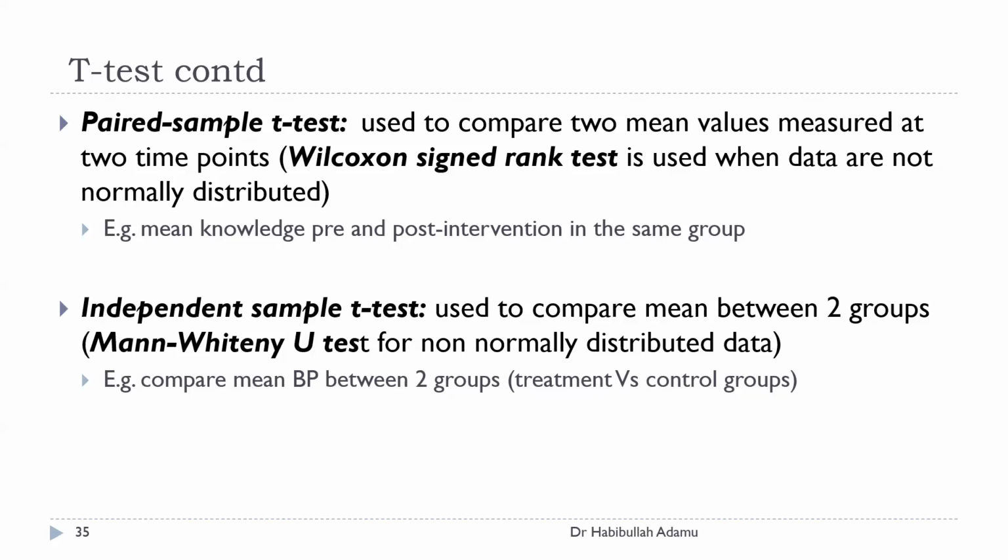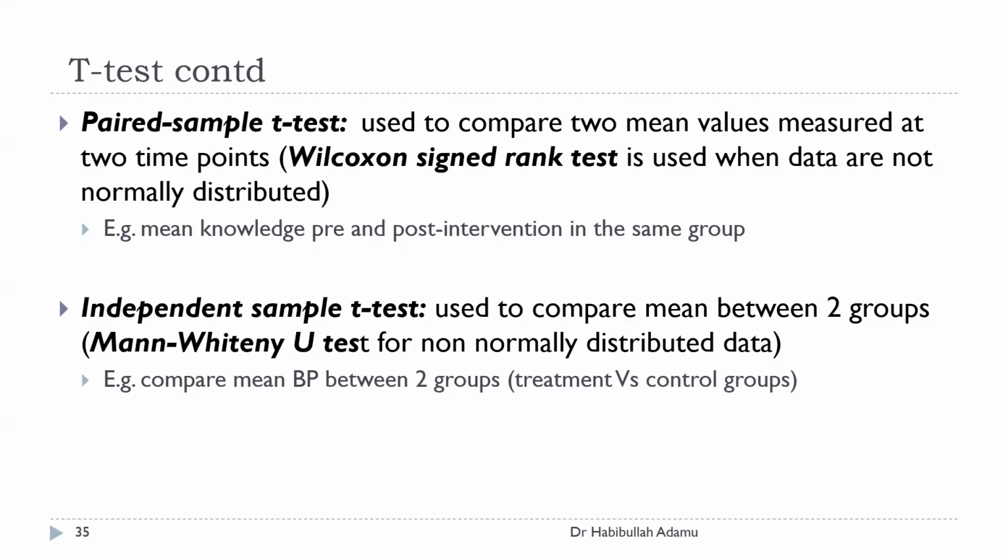So t-test is a parametric test. Please, we should take note, it is a parametric test, meaning that it is only applicable if the distribution of the data is normal. If data is normally distributed, that is when we can use t-test. But if data is skewed, meaning that there are extreme values, either extremely large or extremely low, we cannot use t-test because it will give us a misleading result.